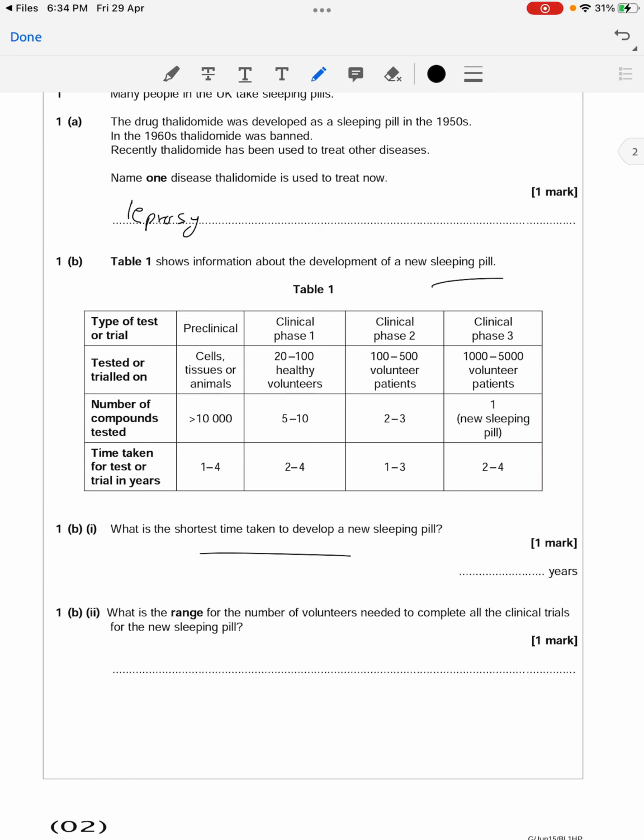So the shortest time. We can see the time taken in years. Let's see what's the shortest time.